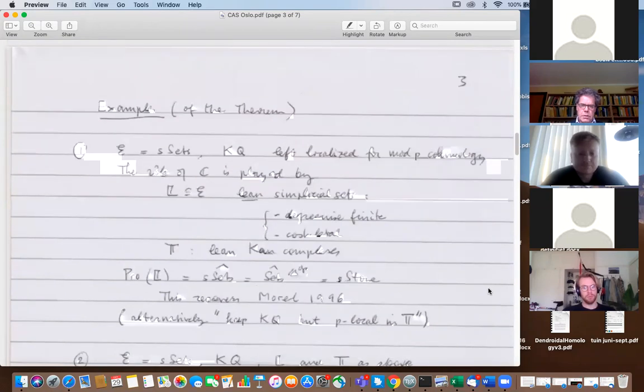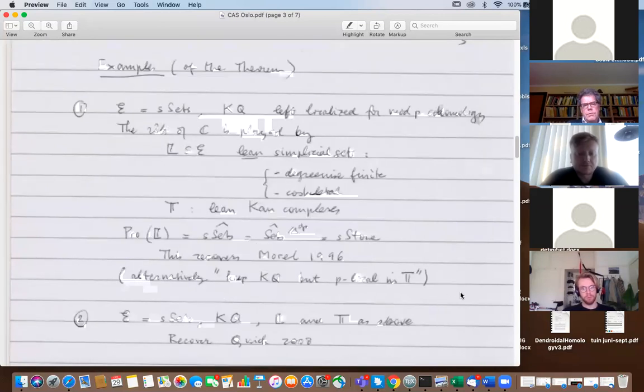Okay, so there's another way to do that. You could also just work with the ambient Quillen model structure, and then take for T the local objects, the p-local objects. So there's a sort of commutation of left Bousfield localizing E and shrinking the category T, to which we will perhaps also come back depending on the time.